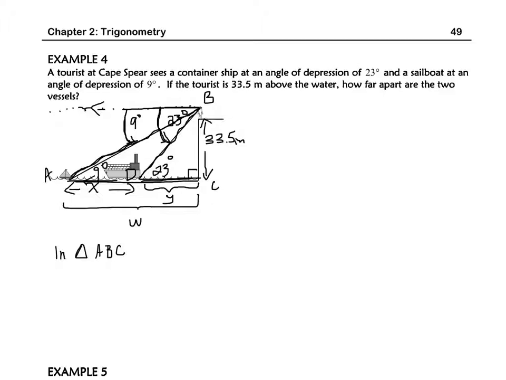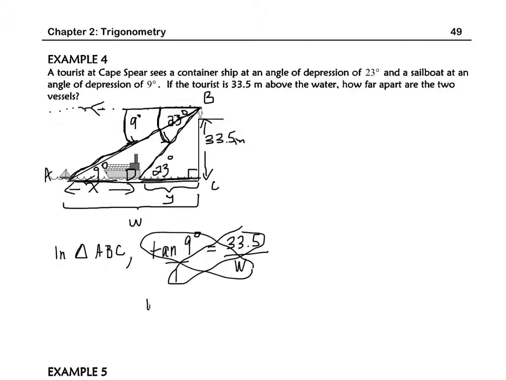So in triangle ABC, I can use again the tan ratio, tan of 9 degrees, using the outside big triangle. The opposite side would be the 33.5, over the adjacent side, which would be W in the large triangle. And then I would cross multiply and get W tan 9 equals 33.5.